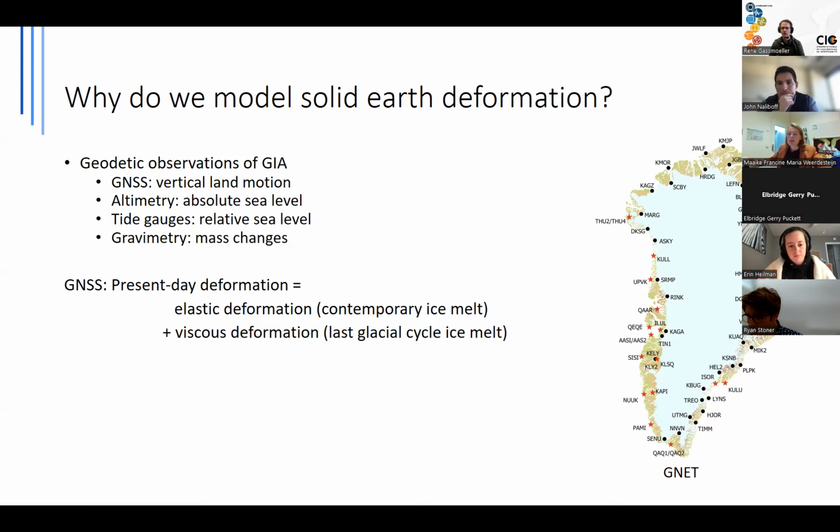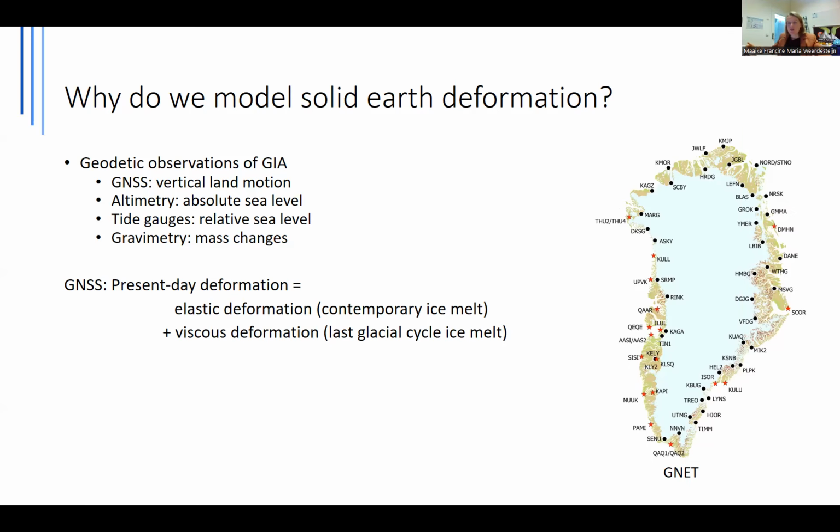In order to find the signal related to contemporary ice melt, you can correct these GNSS observations for the viscous deformation, and for that, you need to model this component, or vice versa. You can also correct the data for this elastic deformation based on other geodetic observations of mass change or ice mass loss, and then find the viscous deformation.